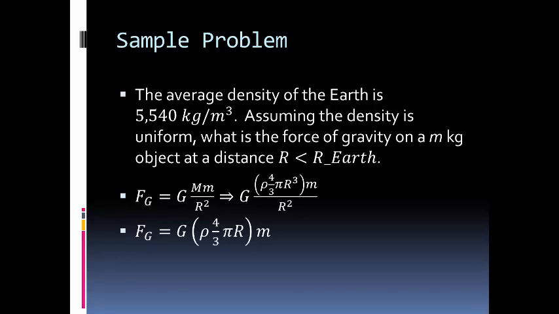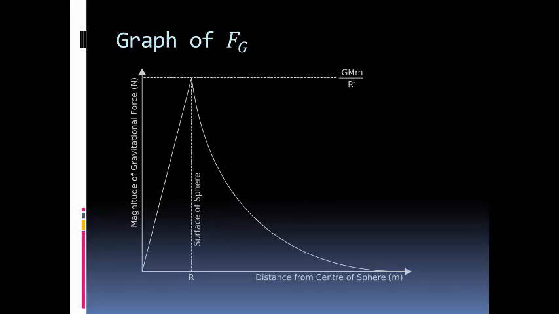Looking at this equation, we notice that the force of gravity is going to be linear with the radius. So as we go farther away from the center of the Earth, the force of gravity is going to increase linearly with the radius. Graphing this, we graph both the radius less than r and the distance as we move out to infinity.